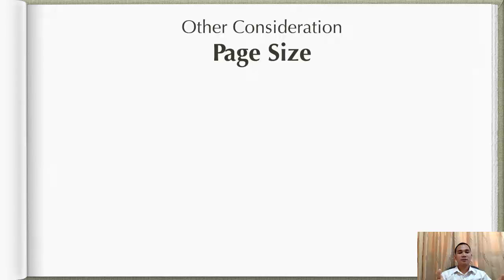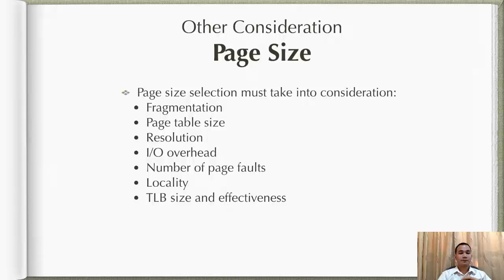Next consideration, page size. Sometimes OS designers have a choice for page size, especially if running on a custom-built CPU. Page size selection must take into consideration the following: fragmentation, page table size, resolution, I/O overhead, number of page faults, locality, TLB size, and effectiveness.